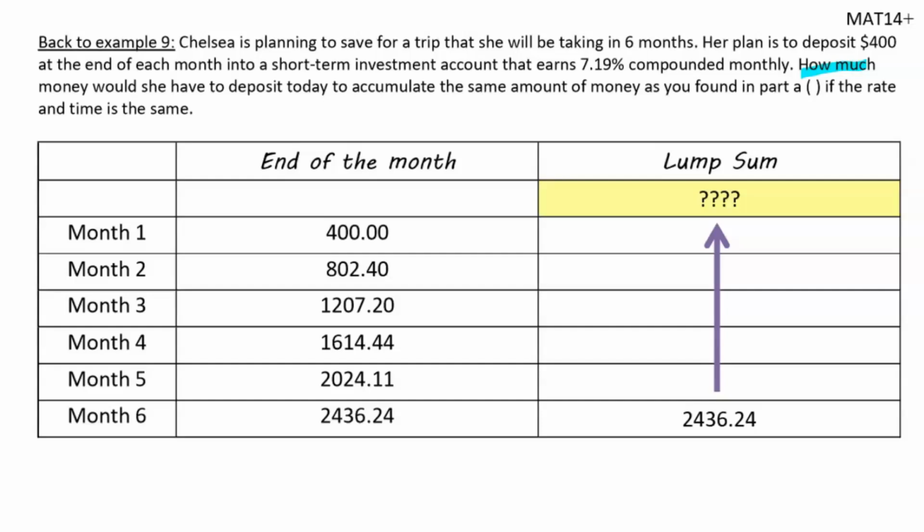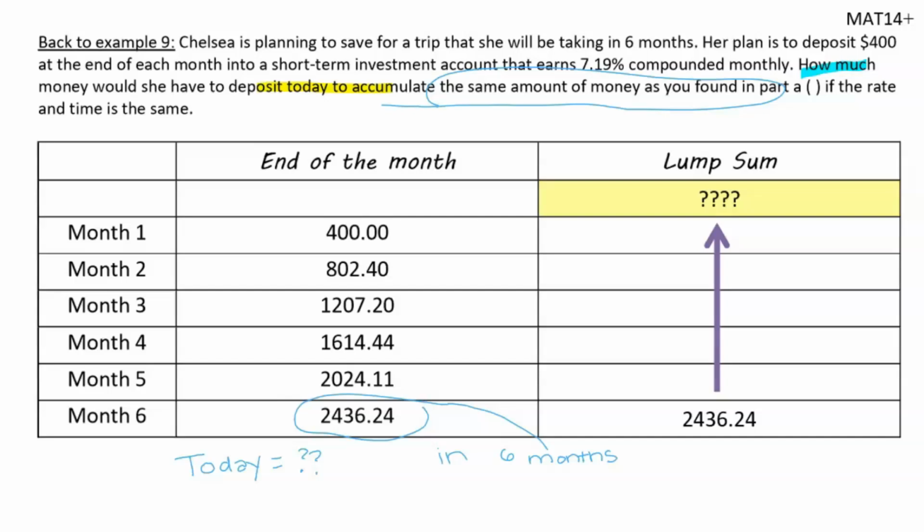This problem is saying how much money would she have to deposit today? And then it says to have the same amount of money as we found in the first part of the problem. Well, in the first part of the problem, we found that in 6 months, she has $2,436.24. What is being asked here is, what is the lump sum?